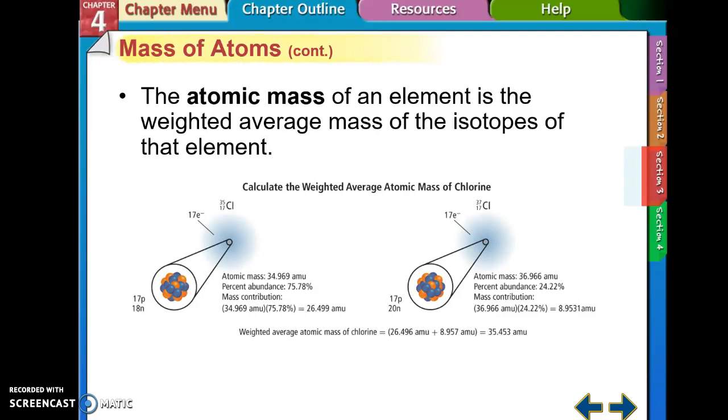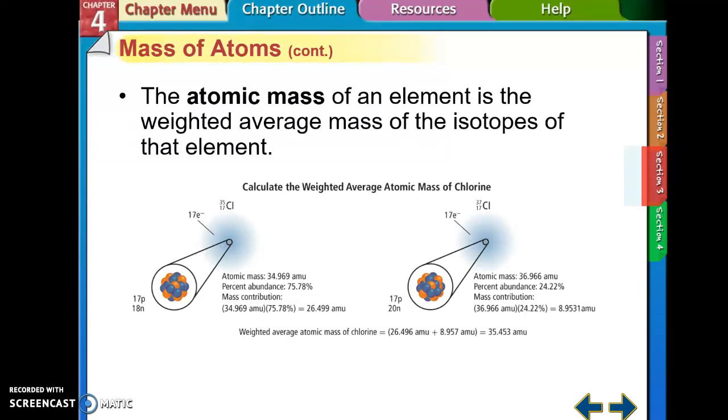Or we can look at this: sometimes chlorine is chlorine 35, sometimes it's chlorine 37. Both times you've got 17 protons, you've got 17 electrons. However, your neutrons differ in those two different isotopes.